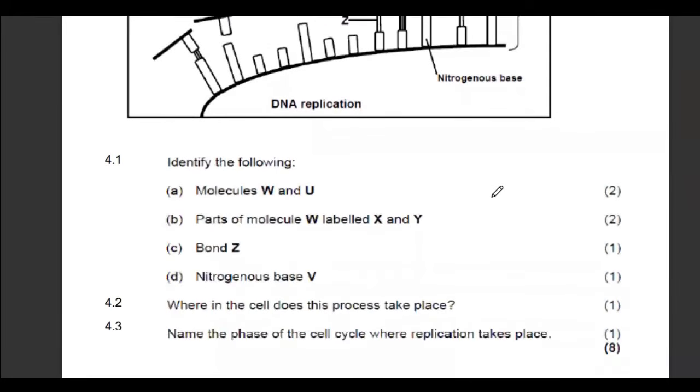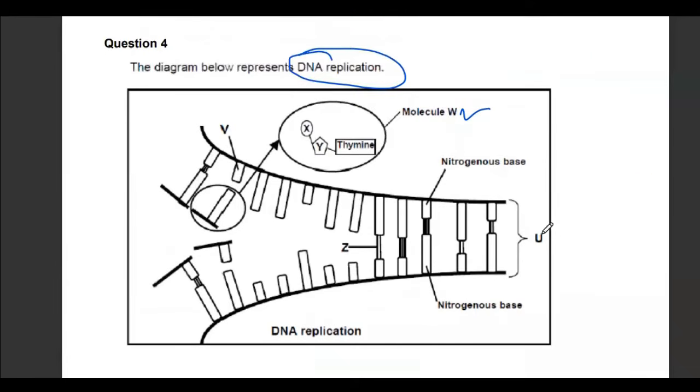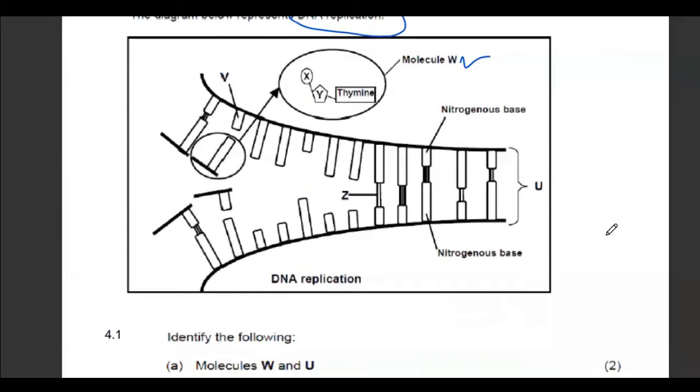Yeah, so the question: molecule W. Where is molecule W? We have seen it. Molecule W is here. It is a nucleotide, correct. Molecule U. Where is molecule U? The whole molecule is DNA, correct.